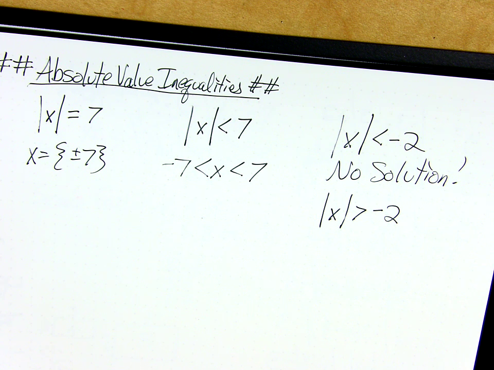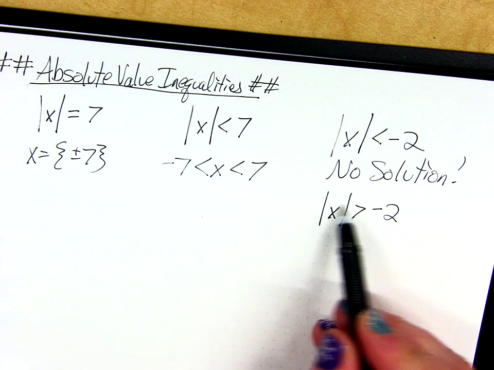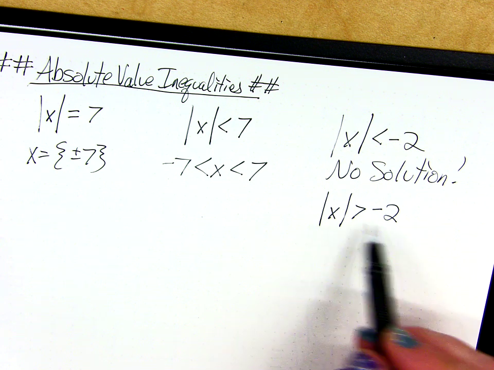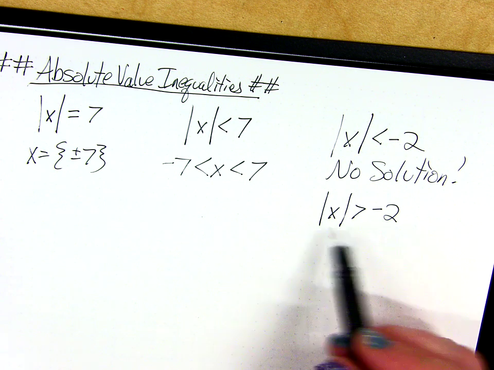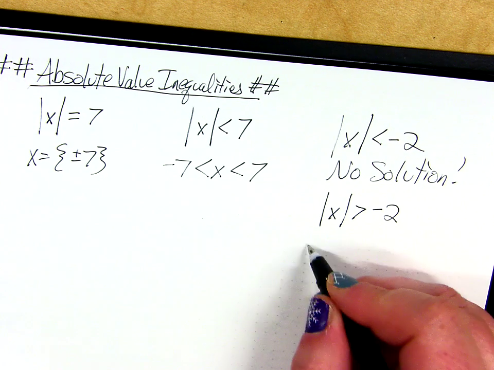You can't get an absolute value that's negative. You can only get absolute values that are positive or 0. So no matter what I plug in for x, isn't everybody's absolute value going to be greater than negative 2? So in this case, this doesn't have no solution. It has all the solutions, or all real numbers.